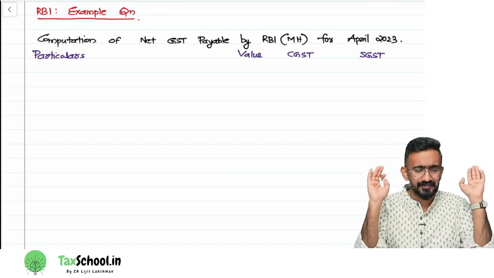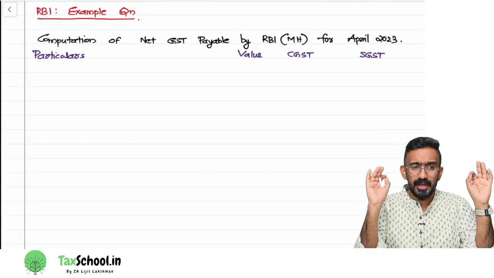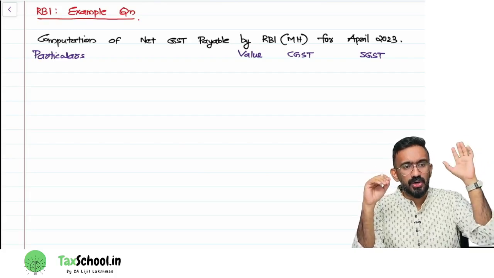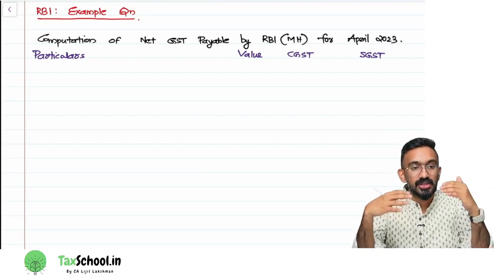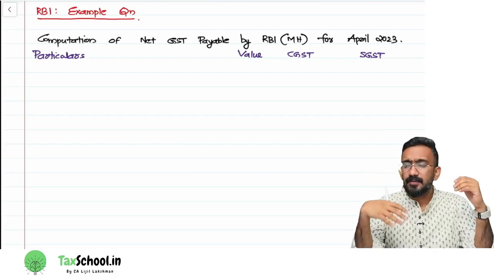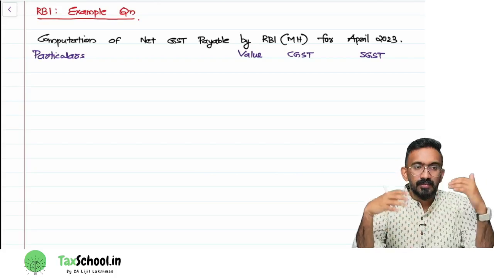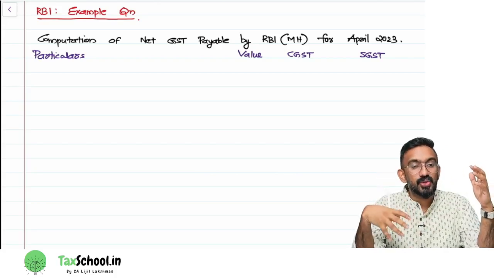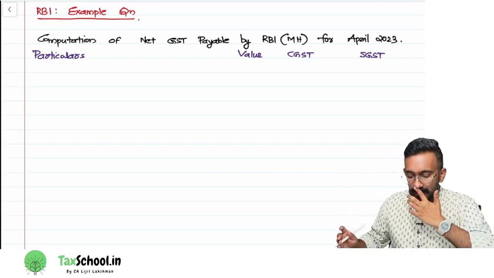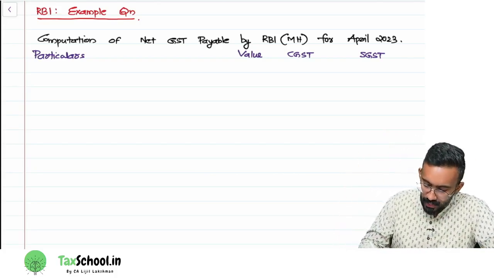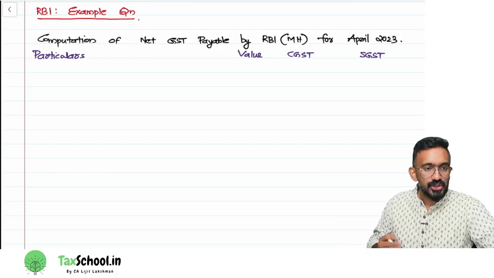So here, how will I compute my net GST? I will first compute outward tax liability, then compute input tax credit total, then you do the set off. And whenever you do the set off, if the question has IGST, you have to follow the manner of utilization of credit, which we will look at when we reach there. So I would separate the net GST computation into three segments.